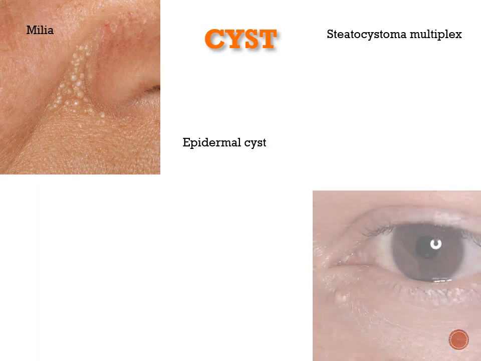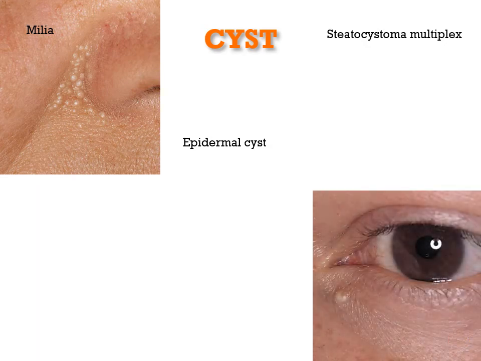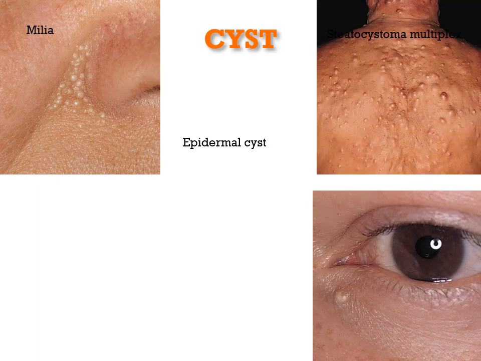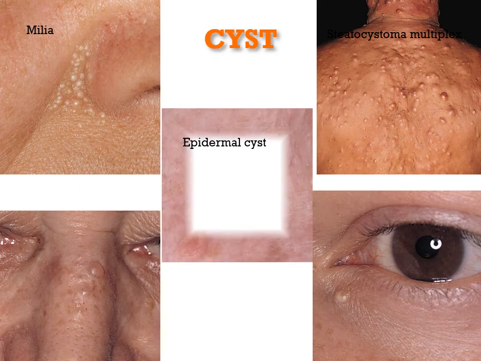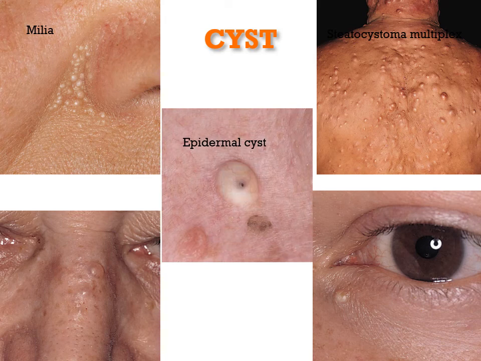Examples are milia or milium, known as the keratin cyst, steatocystoma multiplex, which is a sebum-containing cyst, hydrocystoma, which is the cyst of the sweat ducts, and epidermal inclusion cyst, which is the implantation of the epidermal cells in the dermis.